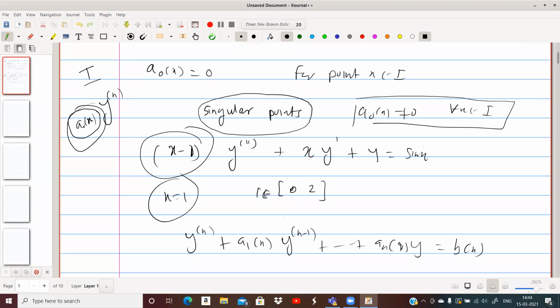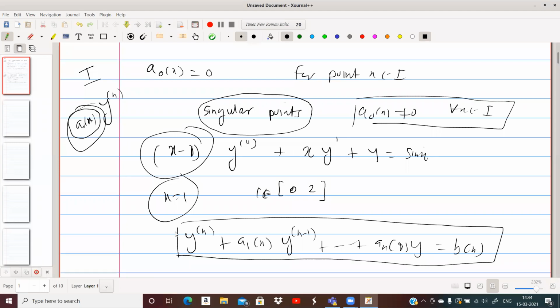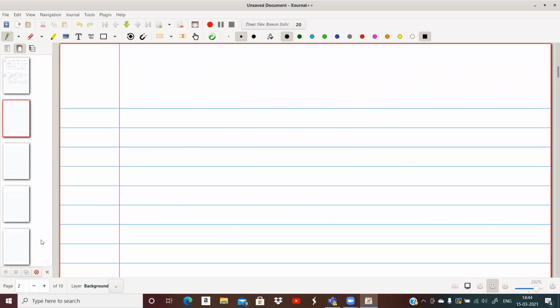So you can have this type of differential equations without singular points. Non-singular means wherever the highest derivative term exists, its coefficient will be non-zero.